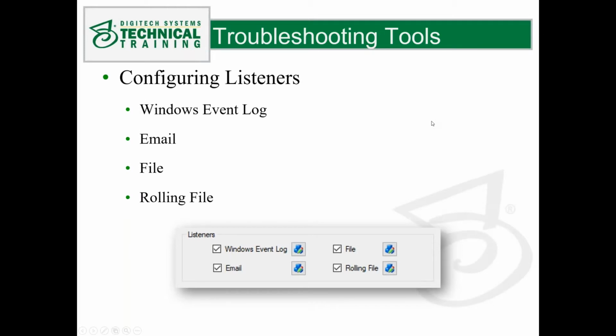Next, we're going to talk about configuring the listeners. You have a few options here as well. The Windows event log means you want the log output to appear in the Windows event viewer on that machine. Selecting email allows the system to email you the log output if you specify your email address there.